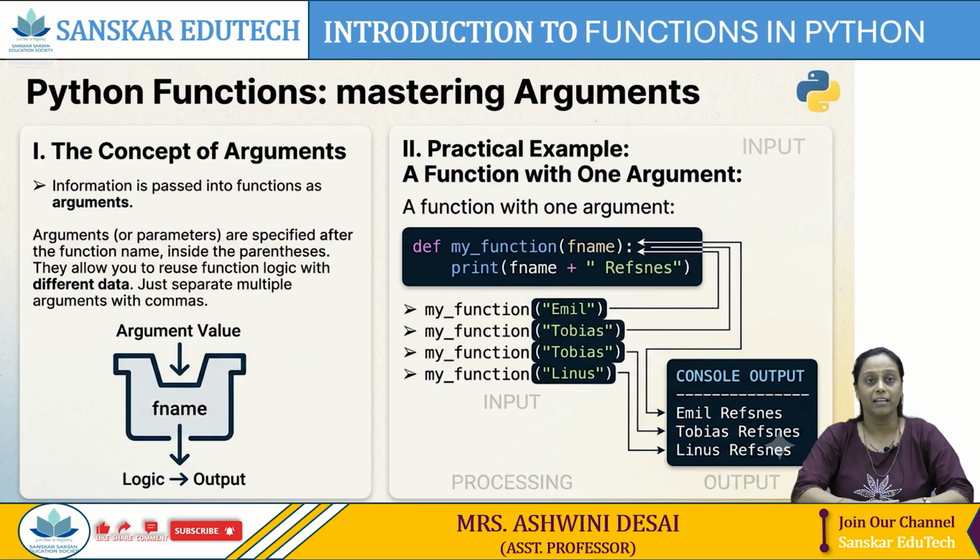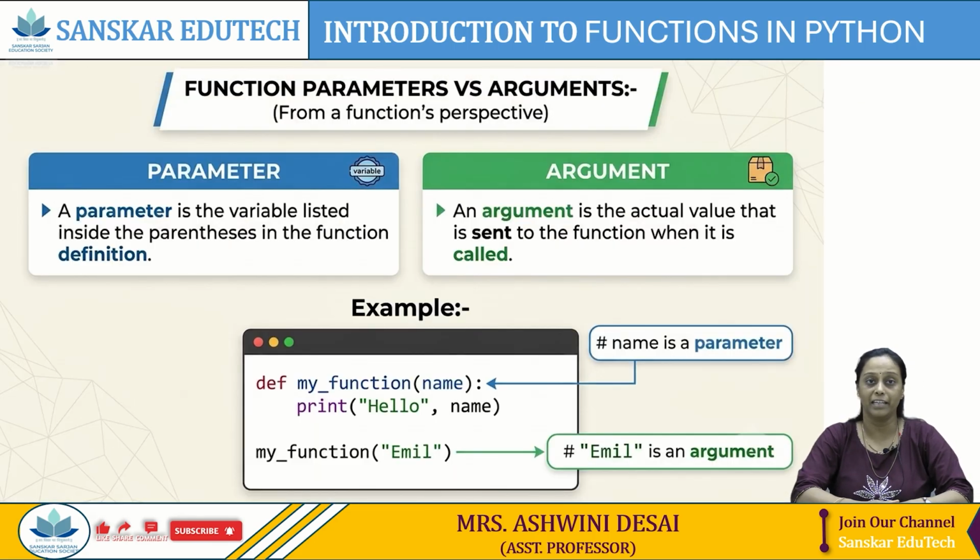parameters. Let's see what exactly is a function parameter versus a function argument. From a function's perspective, a parameter is nothing but the variable listed inside the parenthesis in the function definition, whereas an argument is the actual value that is sent to the function when it is called. For example, def my function, that is the function name, in the parenthesis name is a parameter, print hello comma name.